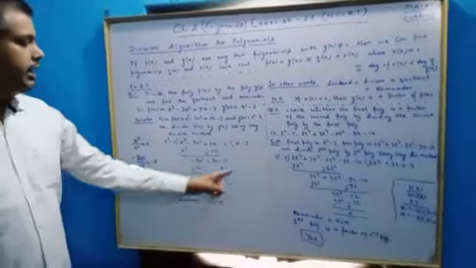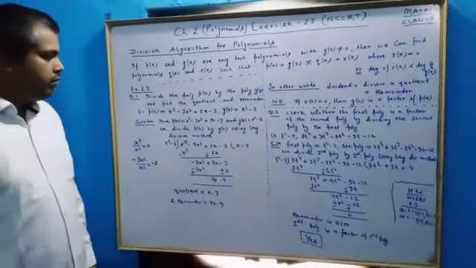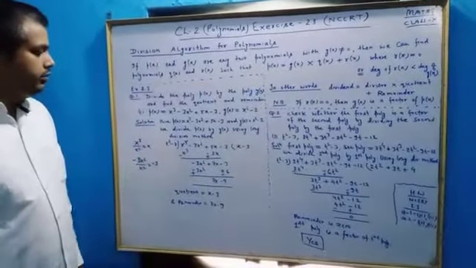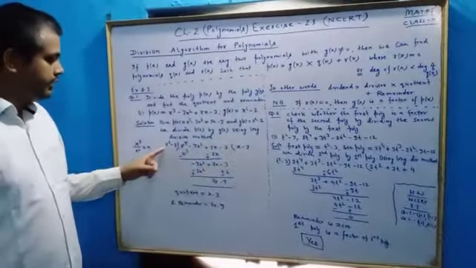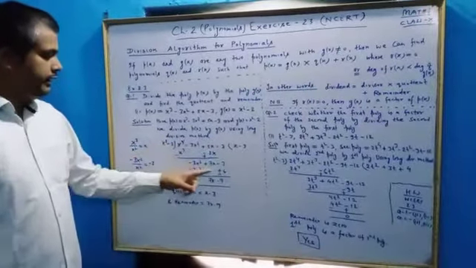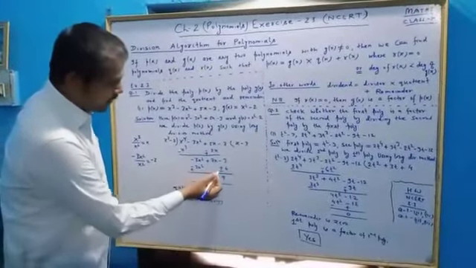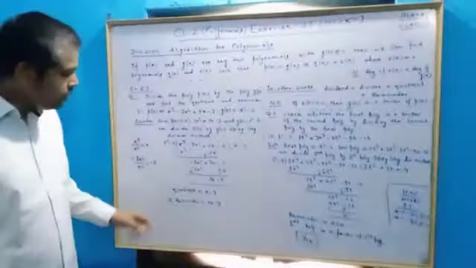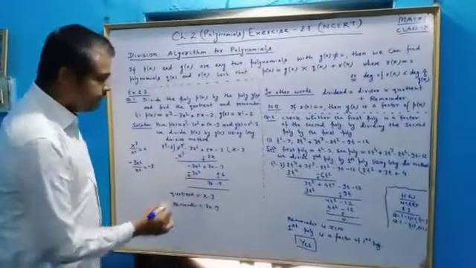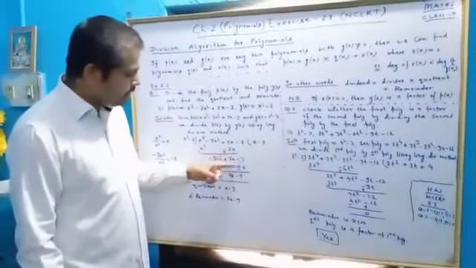So we write minus 3 in the quotient portion. Now we multiply minus 3 by x square minus 2. Then we get minus 3 into x square, minus 3x square, and minus 3 into minus 2, that is plus 6. We change the sign. It is minus here, then plus. It is plus, then minus. Now minus 3x square and plus 3x square cancel, and this is 7x, and minus 3 minus 6 is minus 9.